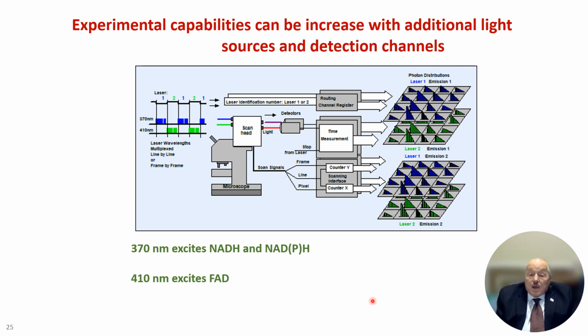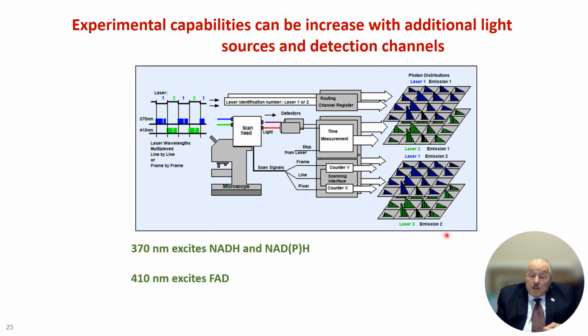Here's one I mentioned earlier, the energy transfer experiment with two different color lasers. Here's an experiment that was done with two laser sources, and this was done with biology in mind.